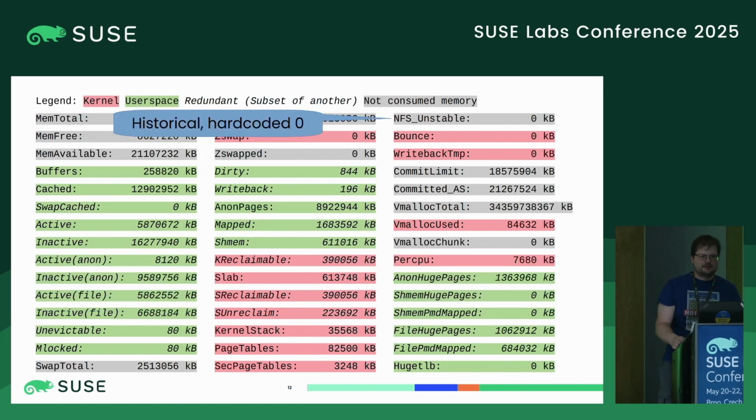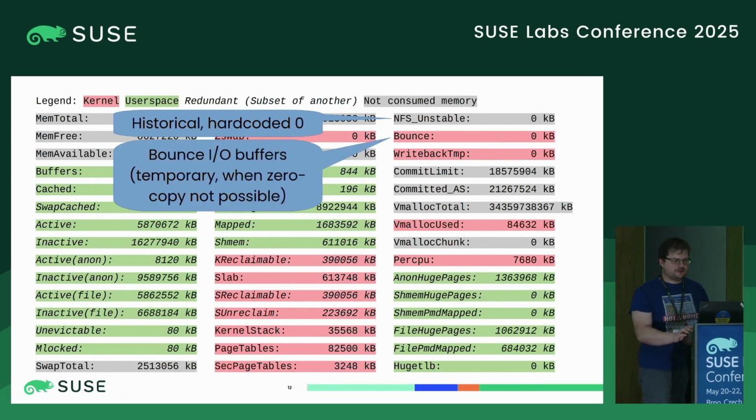And like the K-reclaimable, there are also some historical counters that cannot be removed and now are 0. So there was this NFS unstable counter. Bounced buffers were still not removed, but I think once that happens, there will be another counter that will be always 0.